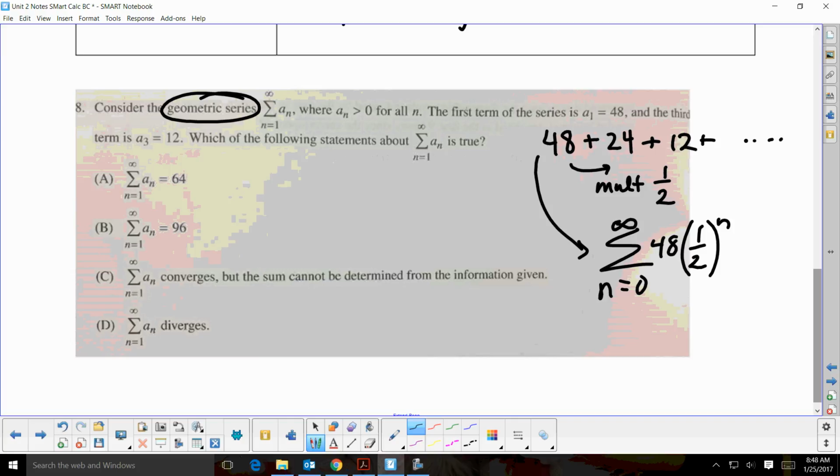I know that they had a sub 1 as that. If you did that, you could try to adapt it. But we can always just look at the pattern and say, there's my first term, that's what I'll multiply by. So a over 1 minus r.